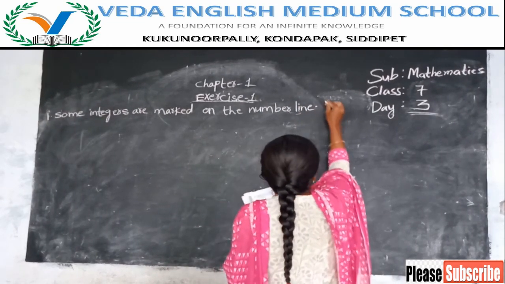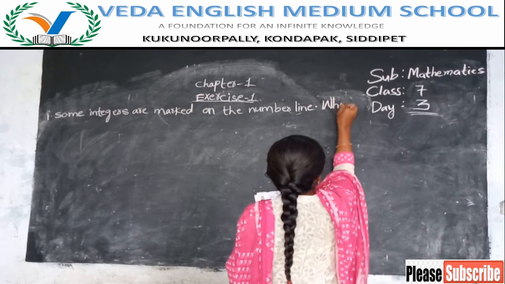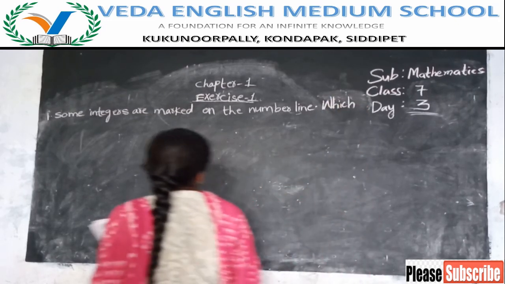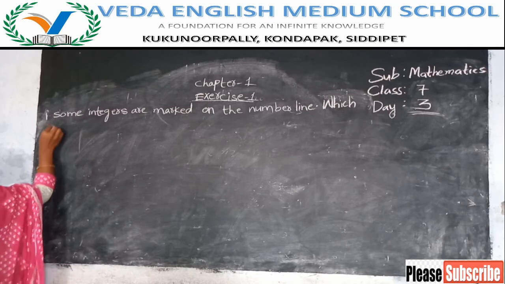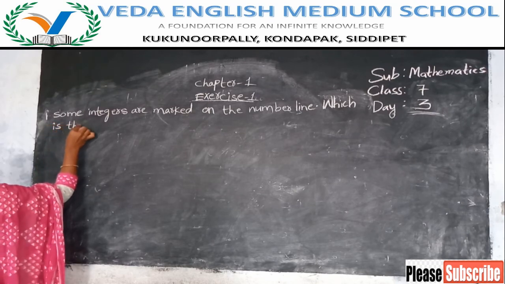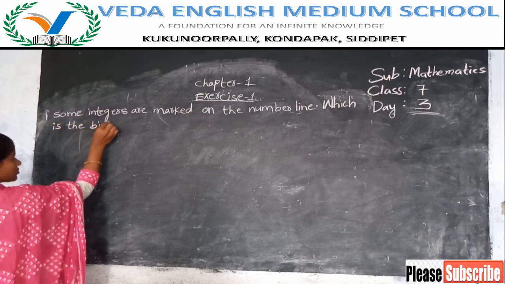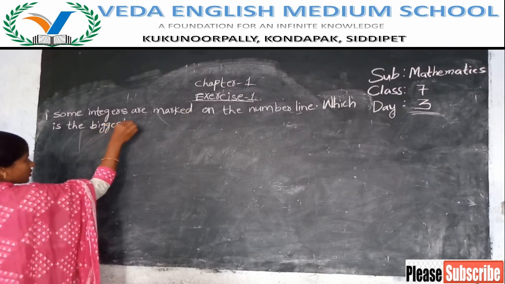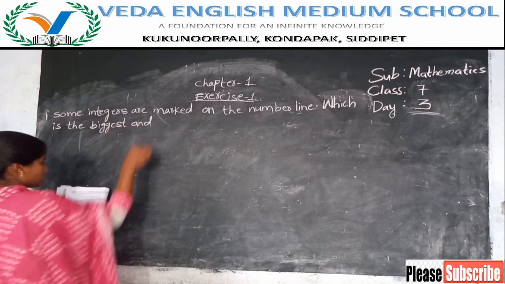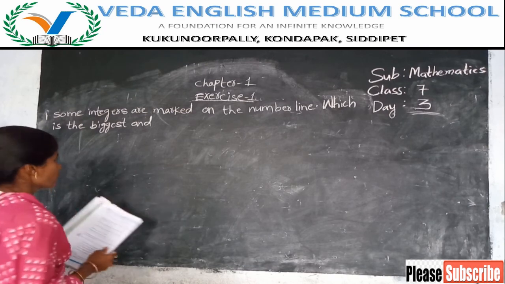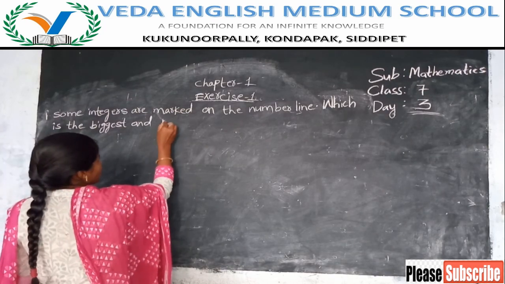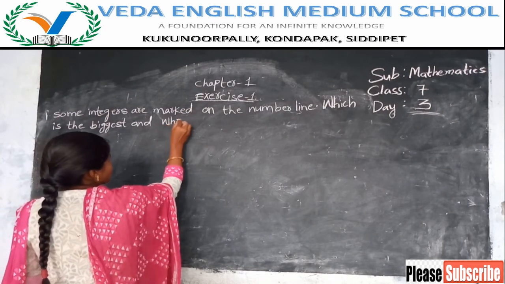Which is the biggest and which is the smallest?